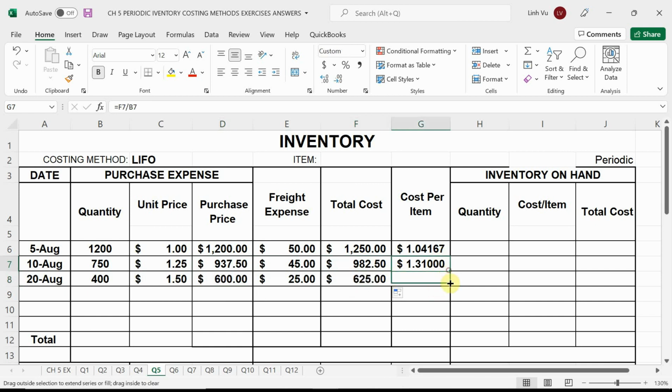Which gives us a cost per item of 625 divided by 400, $1.5625. So $1.56 and a quarter of a penny. So every 1,000 items that you sell, you lose out $4 if you round up.